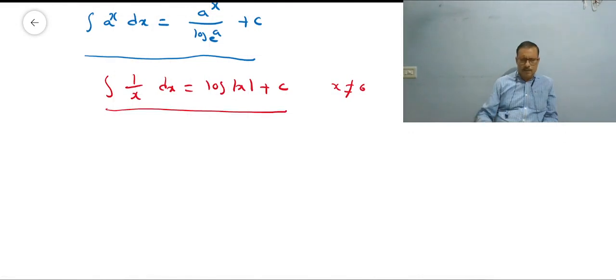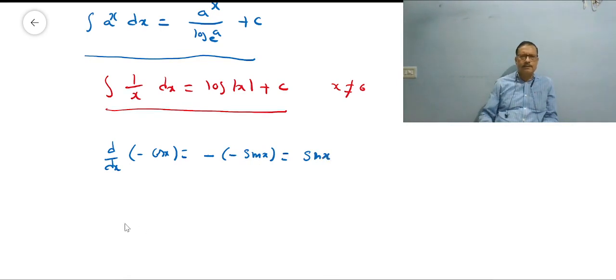Right. So we know that d by dx of minus cos x is equal to minus, I take minus 1 outside and differentiate cos x. d by dx of cos x is what? Minus sin x. Minus into minus is plus. This is equal to sin x.